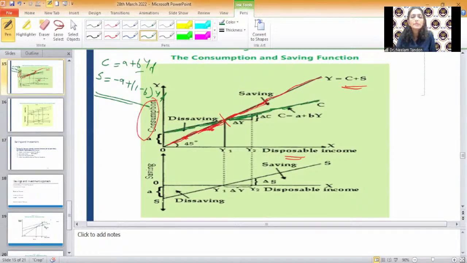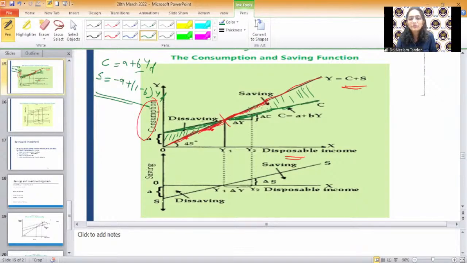Now this consumption is greater than income here, so this whole gap is dissavings, because consumption is more than income. Now to the right side of it, you see income is more and consumption is less. So this is all savings.